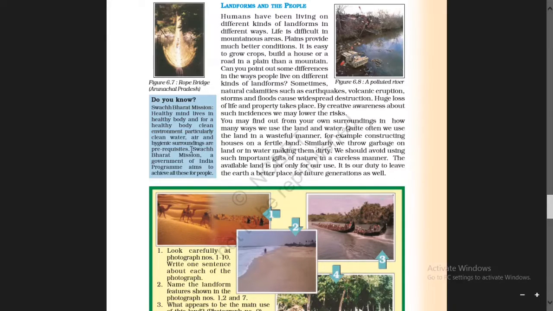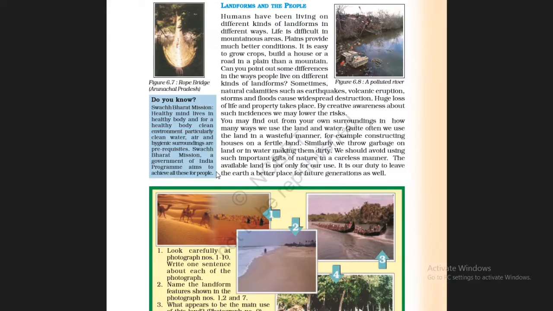It is very necessary. Swachh Bharat Mission, the government of India program, aims to achieve all these for the people.